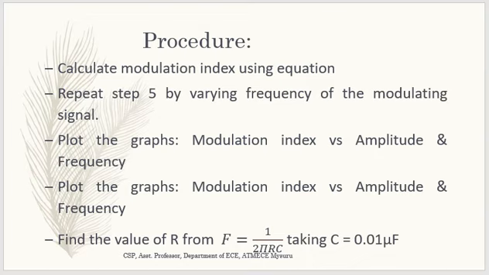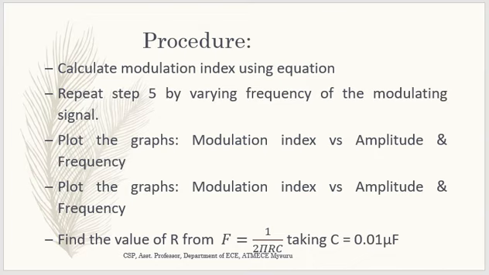Finally, we obtain the values. By keeping those values, we plot the graph of modulation index versus amplitude and frequency, and another graph with respect to modulation index versus amplitude and frequency.